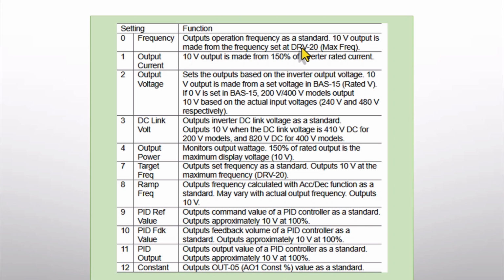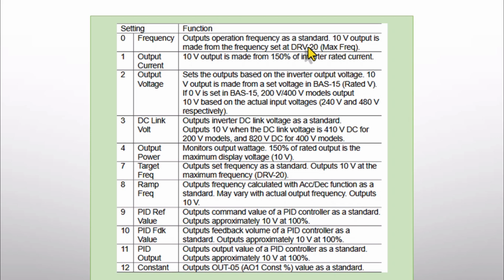For instance, if you set the DRV-20 parameter, the maximum frequency, to 50, at 0 Hz frequency the analog output of the inverter gives you 0V and at a frequency of 50, since your maximum frequency is 50, at 50 Hz it gives you 10V.